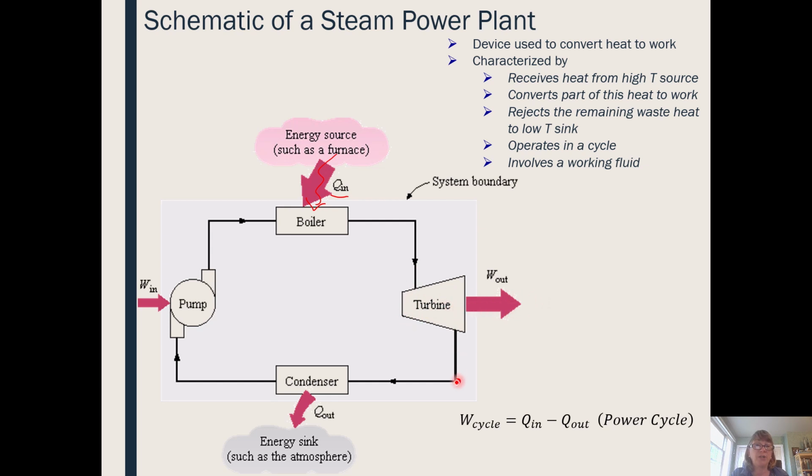The remaining fluid goes to the condenser, where we take out the heat into our low temperature reservoir, and then we take our fluid and put it through a pump, where we have work going in to complete our cycle. This is an example of a power cycle.